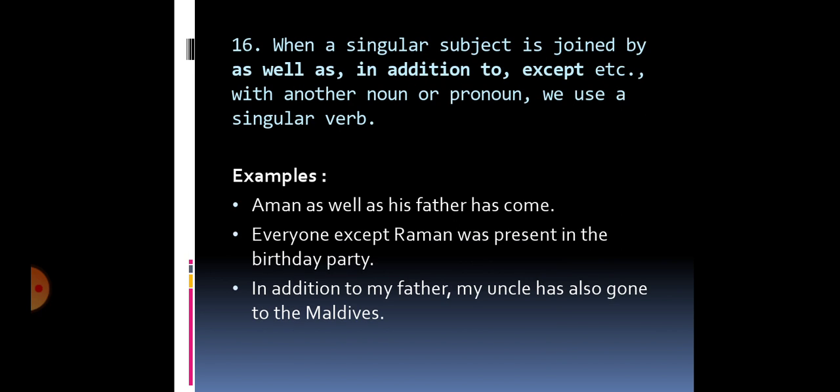When a singular subject is joined by as well as, in addition to, except, etc., with another noun or pronoun, we use a singular verb. Aman, as well as his father, has come. Has is singular. With as well as we have used has. Everyone except Raman was present at the birthday party.